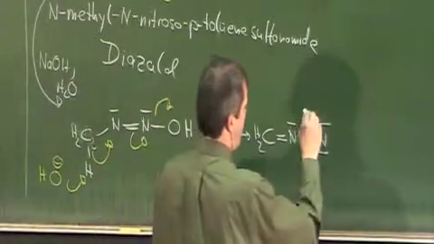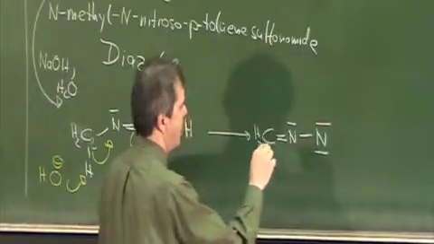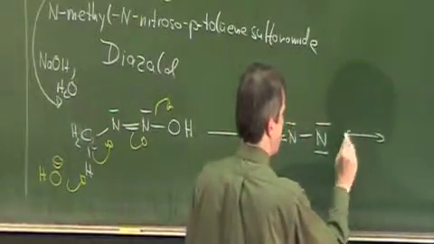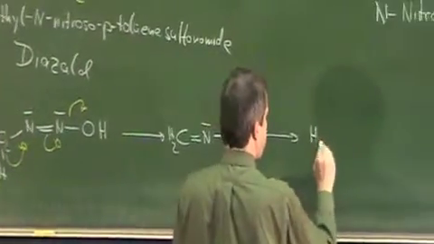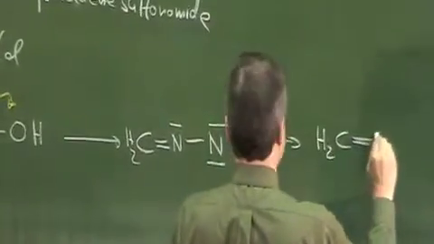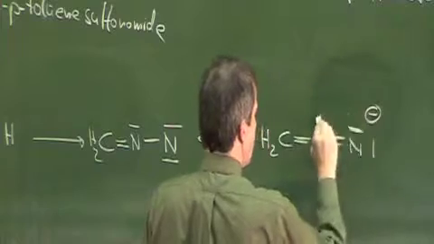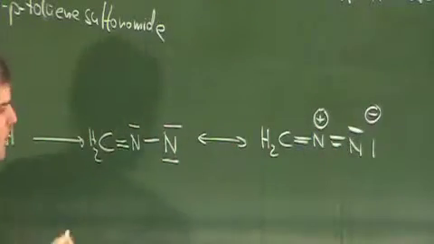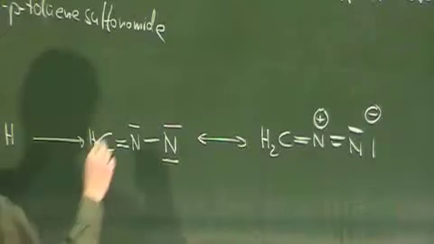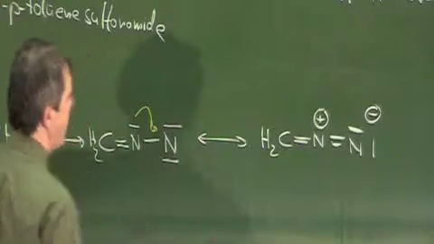And then if I want to draw the other resonance structures of this, in the more typical way as it is drawn, you arrive at the diazomethane here.